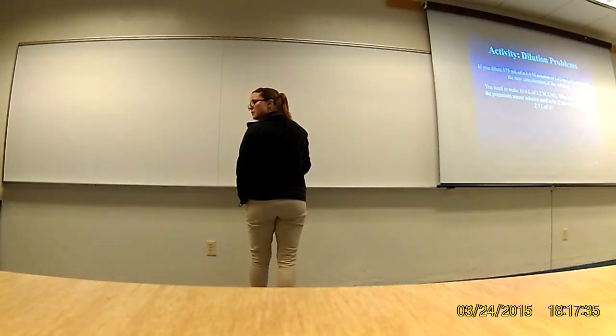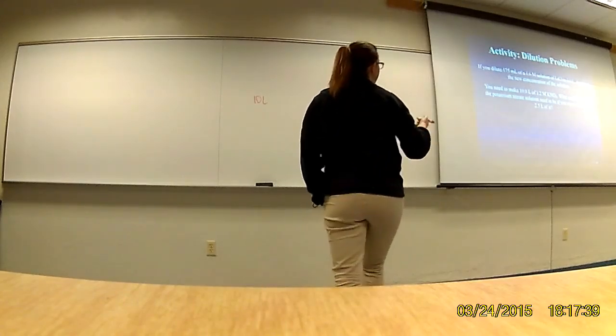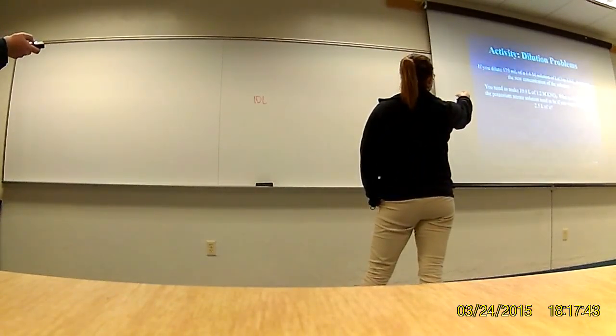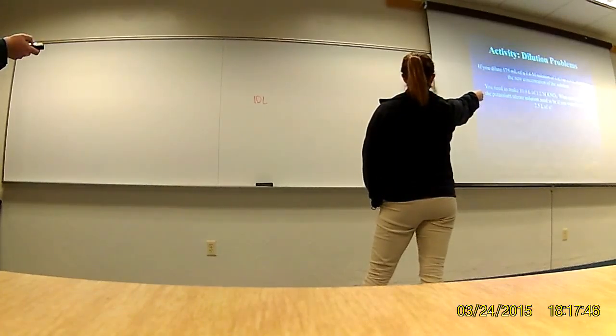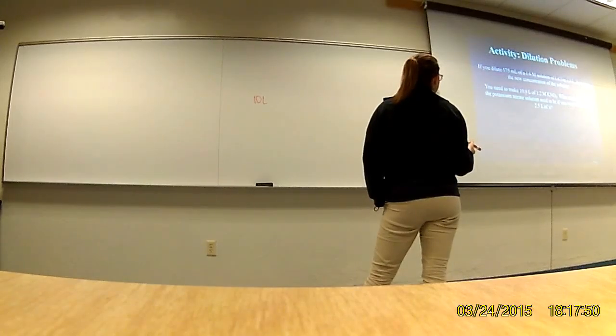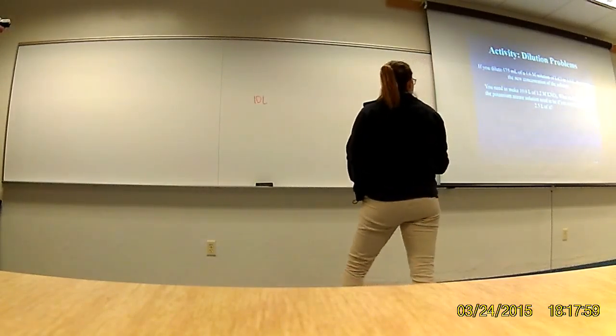The other one's V2, right? Well, we have M1, but isn't the second one V2? Well, if you read the question, it says you need to make 10 liters of a 1.2 molar. So this is actually the ending. That's the ending, yeah. So that's V2 and M2. But it doesn't matter to each side.